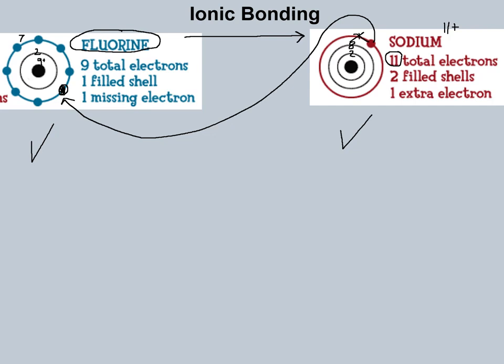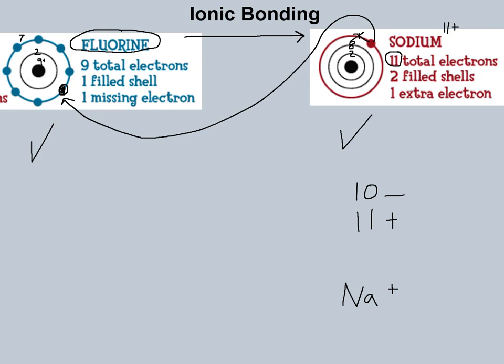But when this sodium loses its electron, it suddenly has only 10 negative electrons, 2 on the first shell, 8 on the second shell. But initially in the nucleus it has 11 positive protons. So sodium would therefore become, guess, positive, because it's got more protons than electrons.